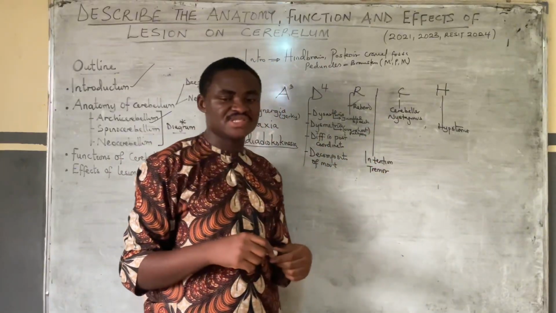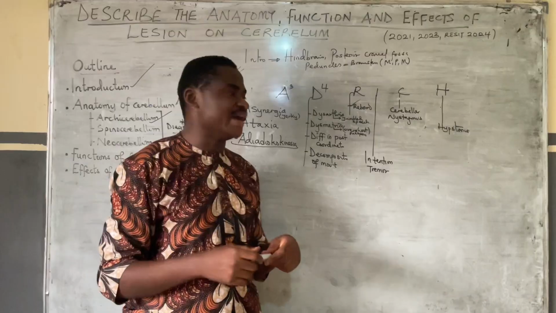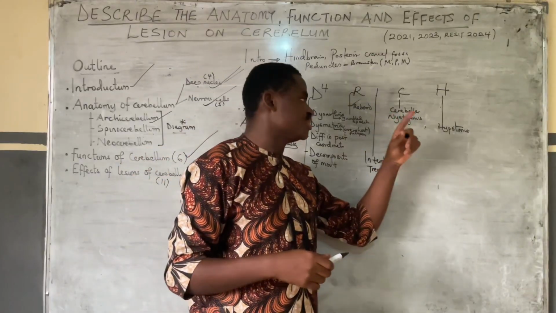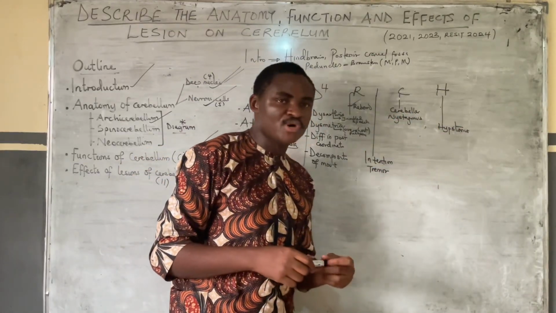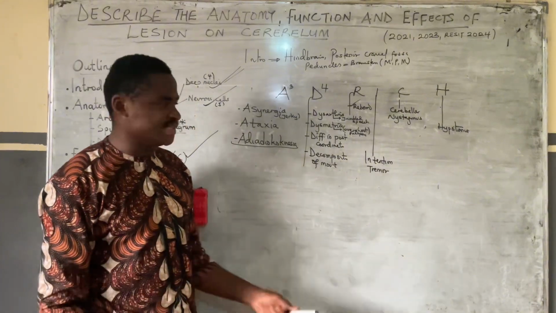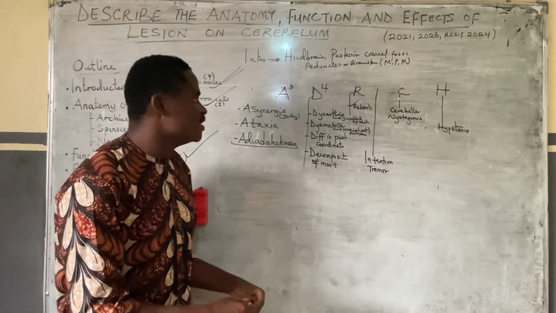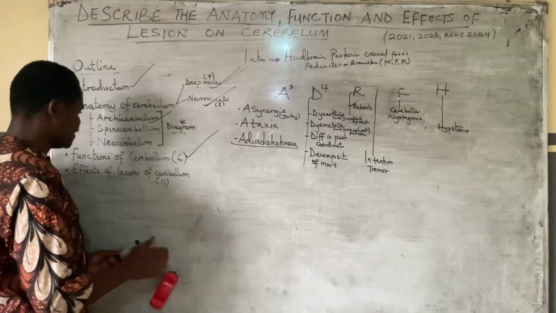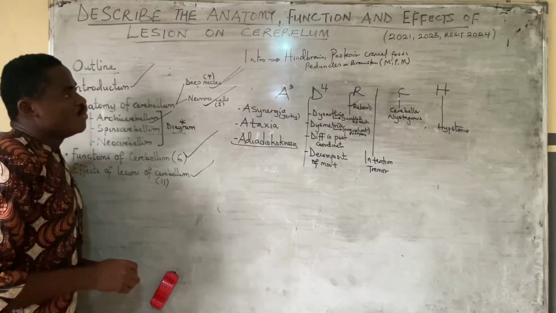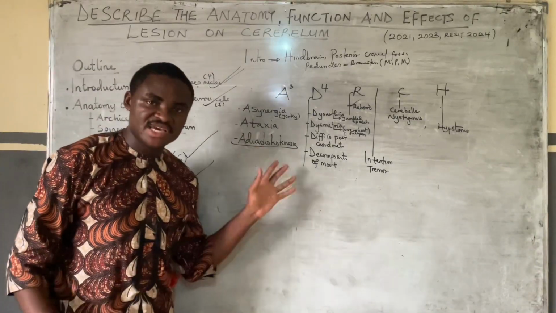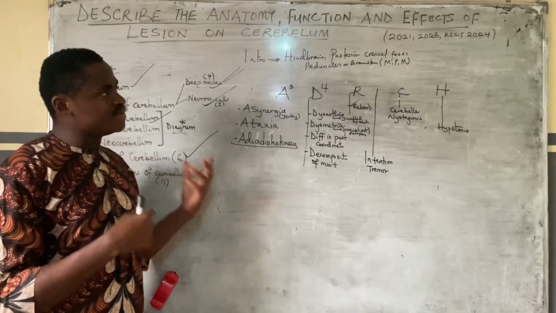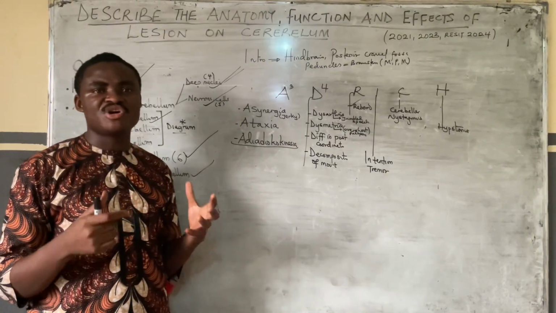Cerebellar nystagmus is the difficulty to fixate the eyes, due to a lesion in the cerebellum. And hypotonia: the muscle becomes weak and flaccid, a relaxed muscle. So that is what we know for the effects of lesion. If you have followed to this point, please endeavor to attempt a high-yield question. Remember to go through it over and over again till it becomes part of you.